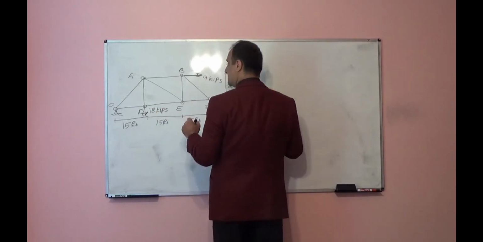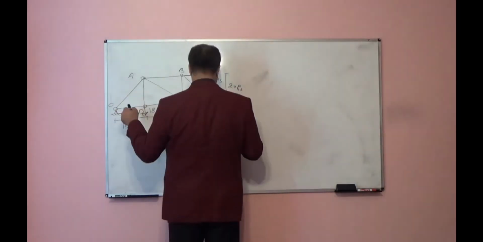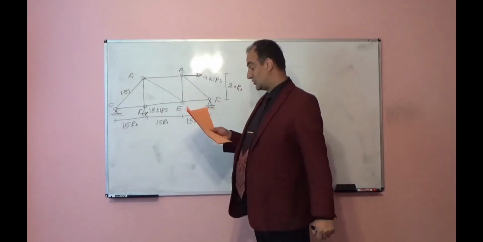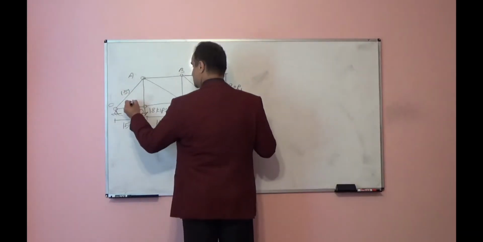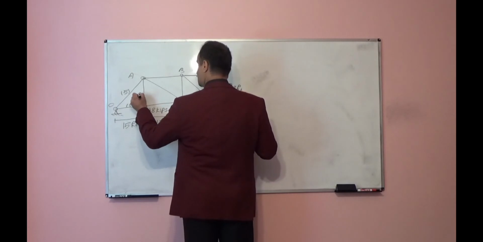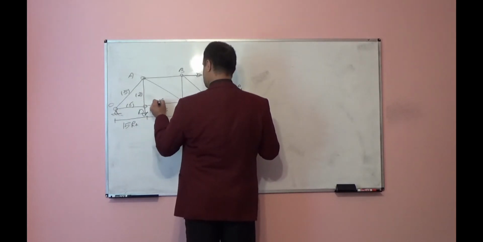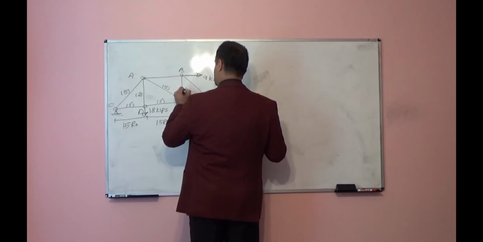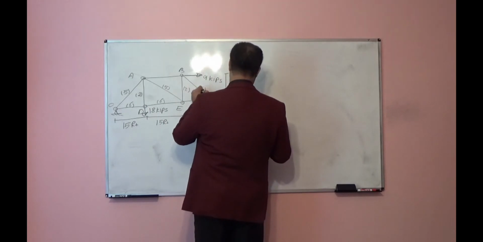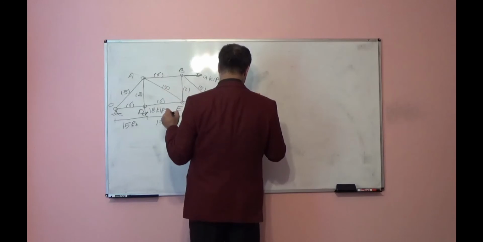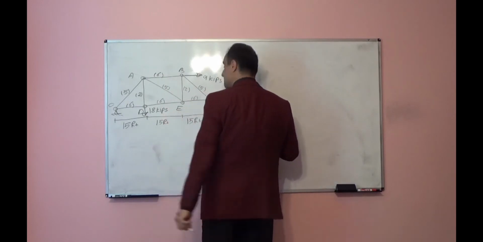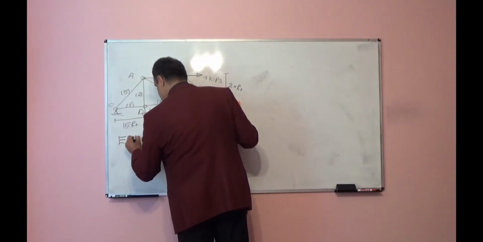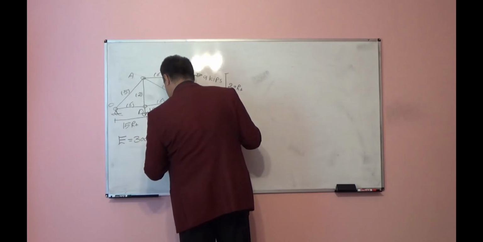Cross-sectional area, I'm writing beside each member inside parentheses, and the unit is inches squared: 5 square inches, 6, 2, 6, 6, 5, 2, 5, and 6. Square inch is the unit. Young's modulus for all members is 30,000 ksi.